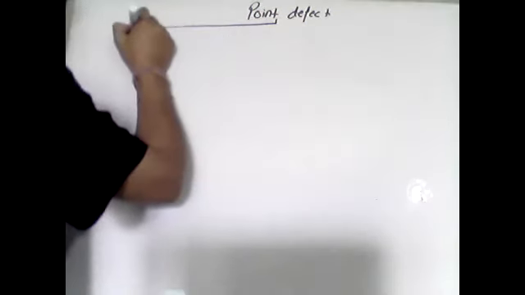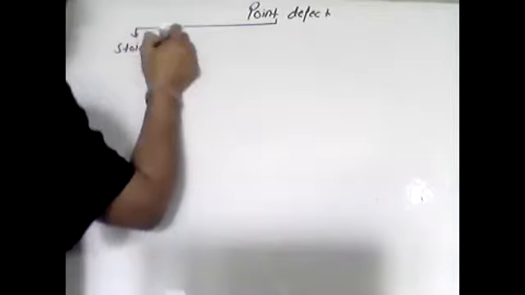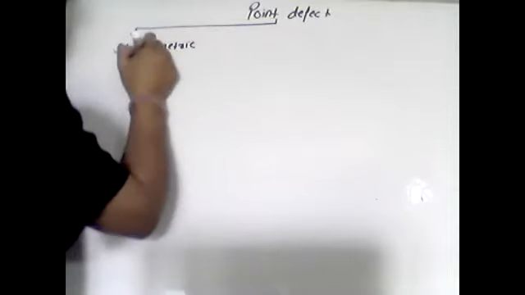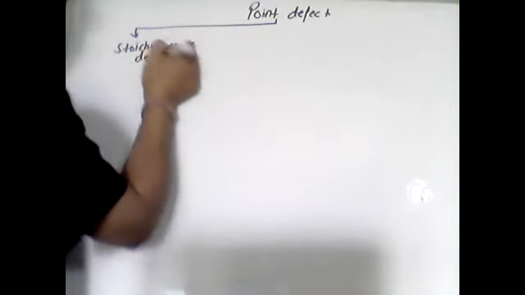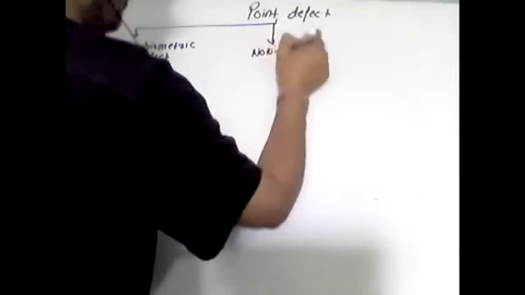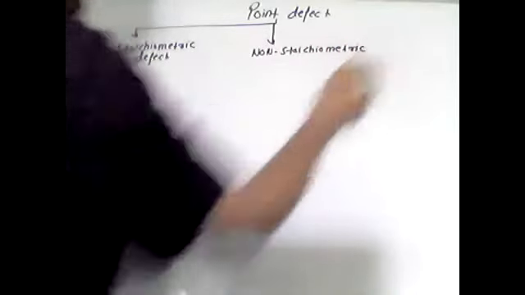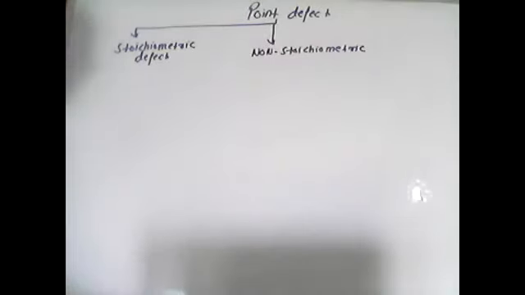We have the point defect of three types: stoichiometric defect, then non-stoichiometric defect, and the third one, the impurity defect.